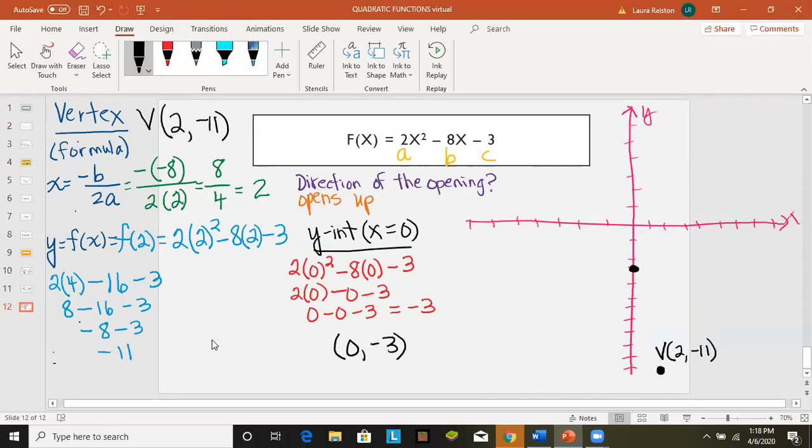I have a question. Yes, ma'am, Madeline. Is it just going to be the c value, or is the y-intercept just going to be the 0? Typically, your y-intercept will be the c value, but just be careful, make sure you don't get the wrong sign. Like the c value here is negative 3.